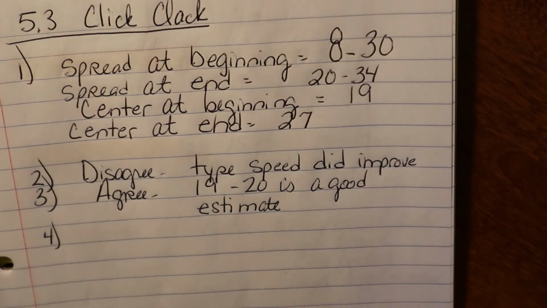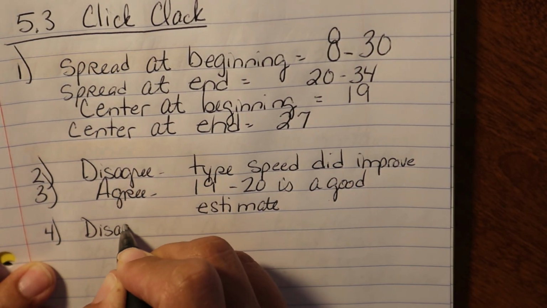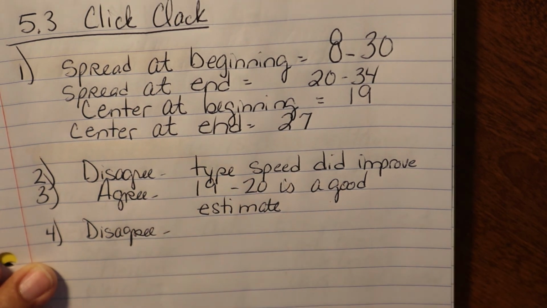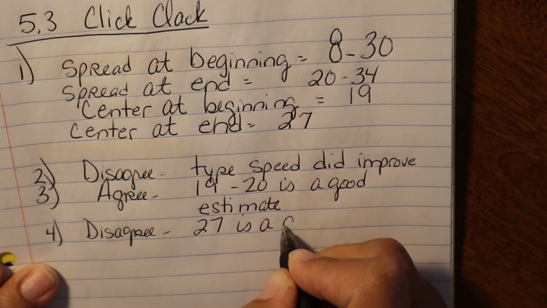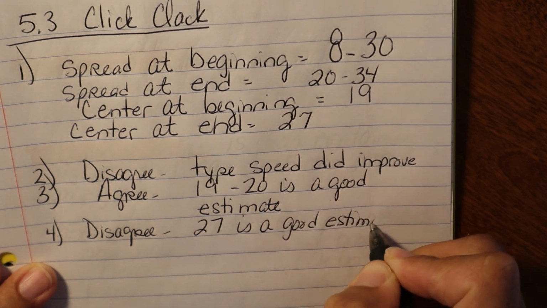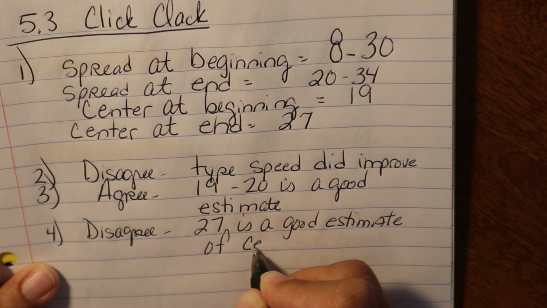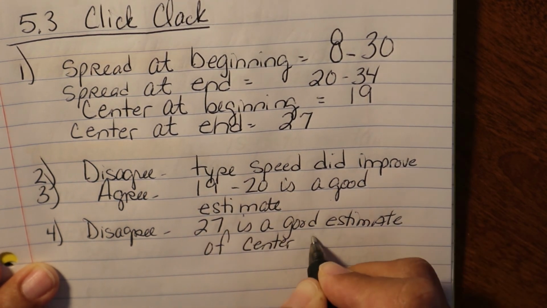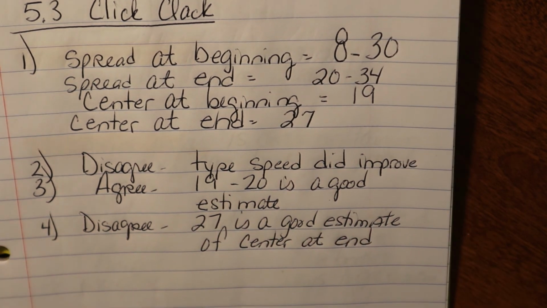So we're going to go ahead and disagree. And say 27 is a good estimate of center at end. And we're just kind of re-emphasizing what we've already talked about.